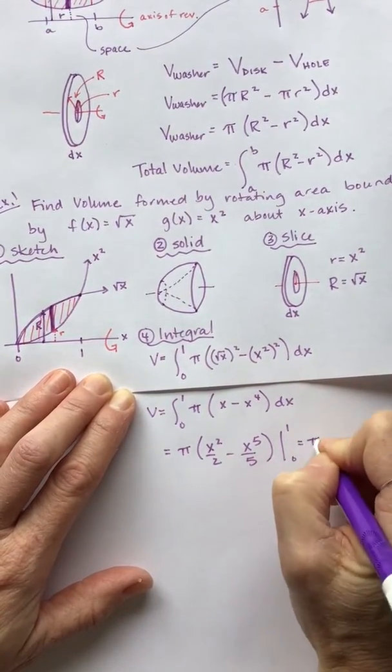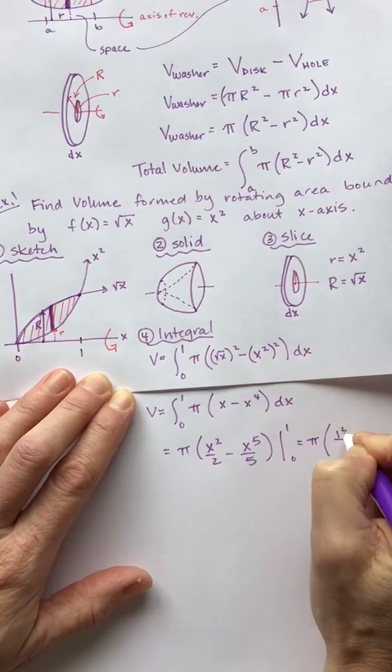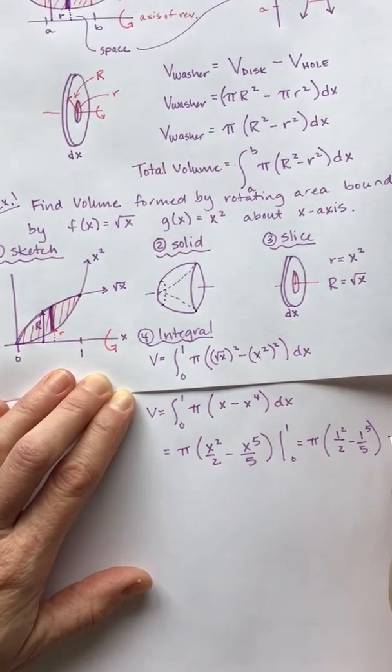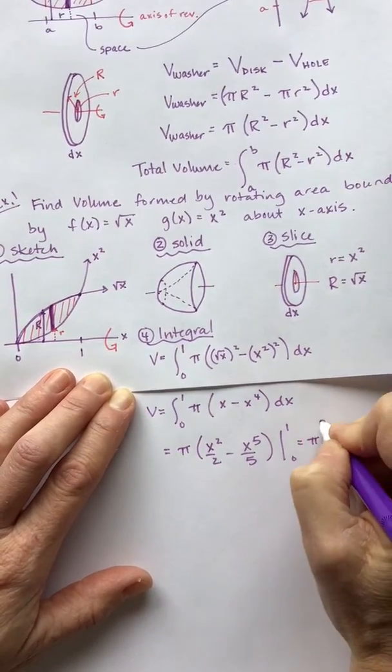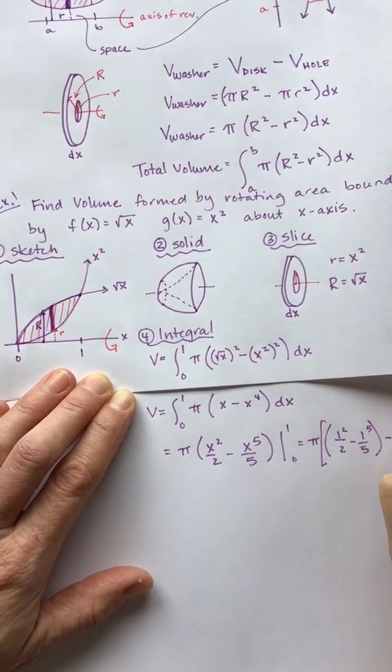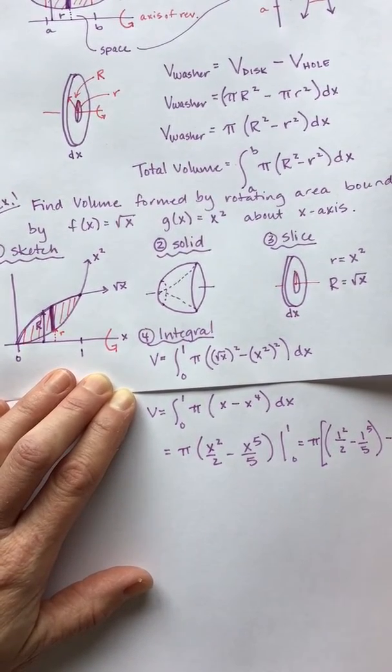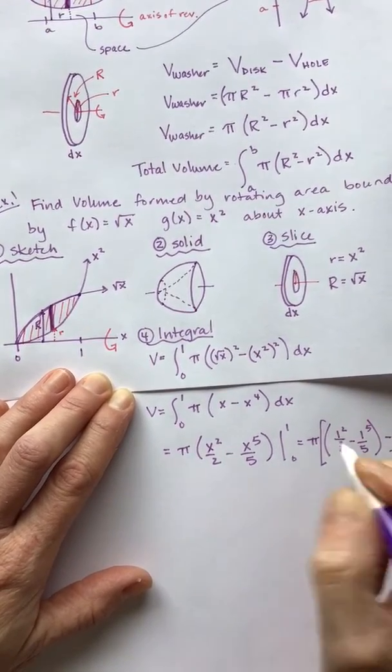So that's pi times 1 squared over 2 minus 1 to the 5th over 5, minus, we can leave the pi out there, 0 squared over 2 minus 0 to the 5th over 5, and that goes to 0, obviously.